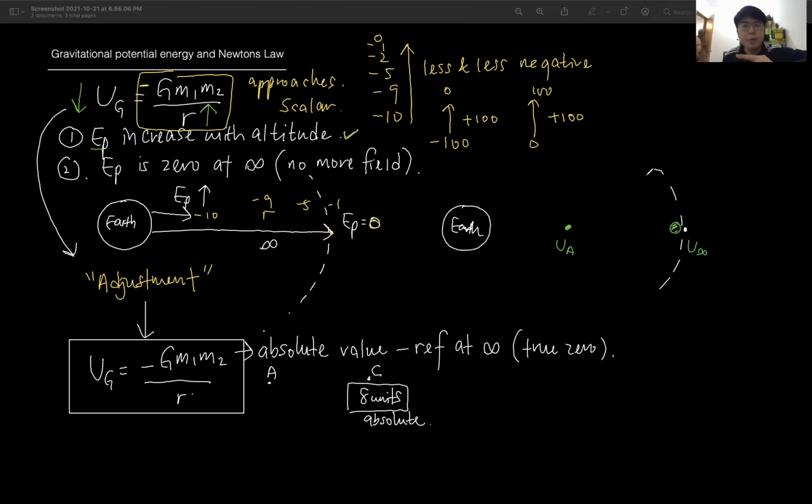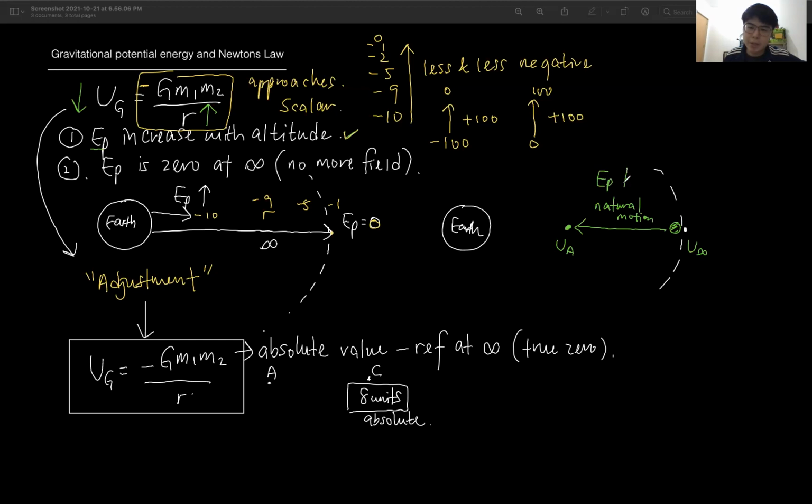What do you think will happen to the object? It moves towards the Earth, right? Because it's still under the effect of gravitational force, so it will move towards it. That is the natural motion, correct? What happens to the potential energy when the object moves in natural motion?